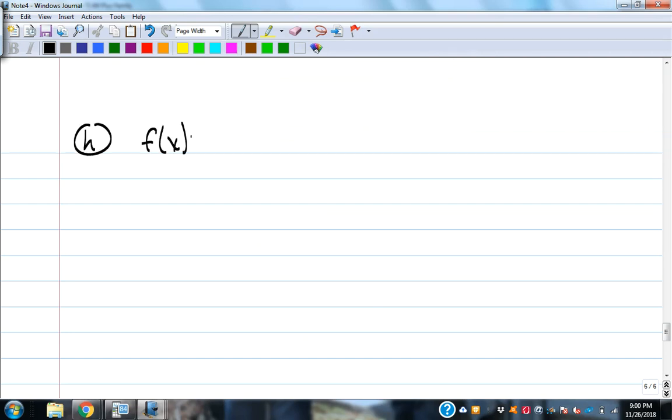Here's our polynomial. X to the third plus 5x squared plus 2x minus 8.